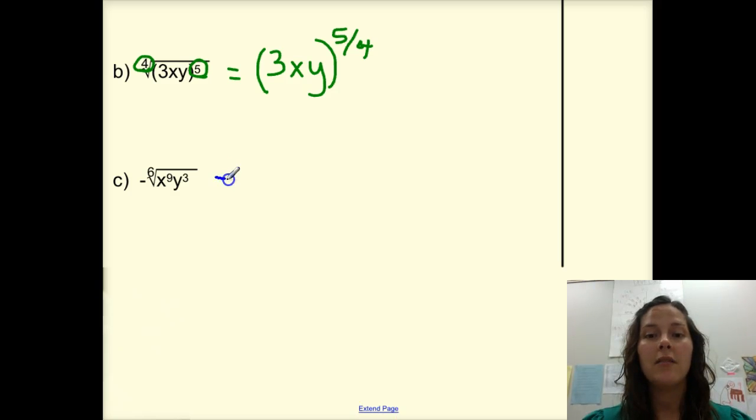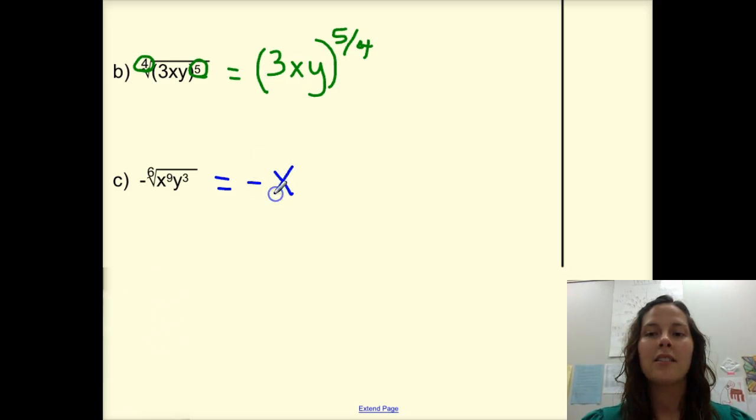For part C, because the two variables under the radical have different powers, I'm going to split up that 6th root and put it on each power individually. So that negative sign will stay out front.